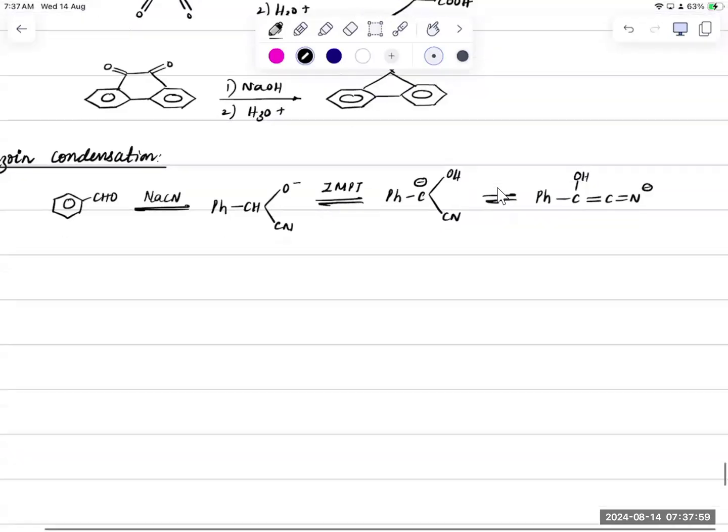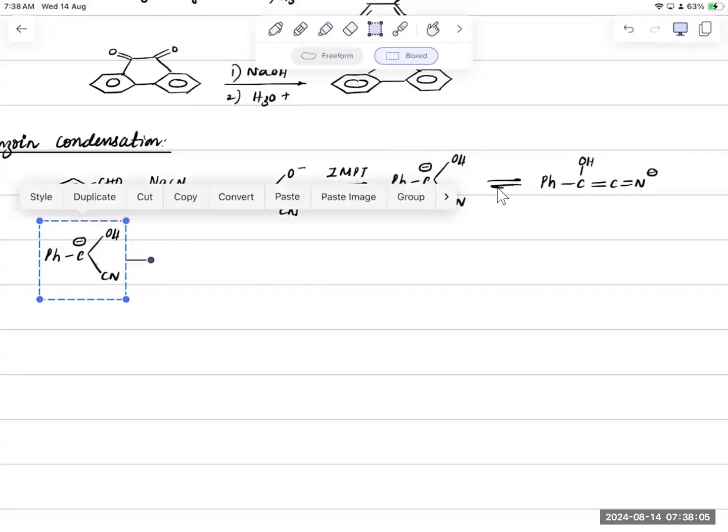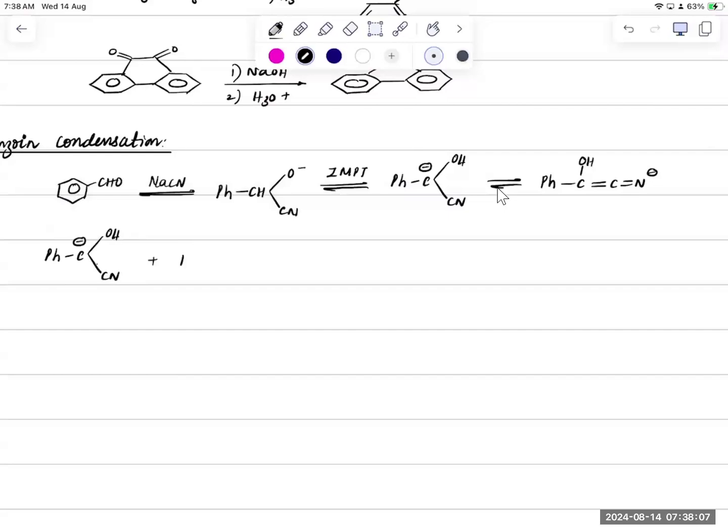Now this molecule will attack the second mole of benzaldehyde, PhCH=O. This minus will attack here, and this will rearrange and we will get PhC(OH) with cyanide connected to CH and O minus.